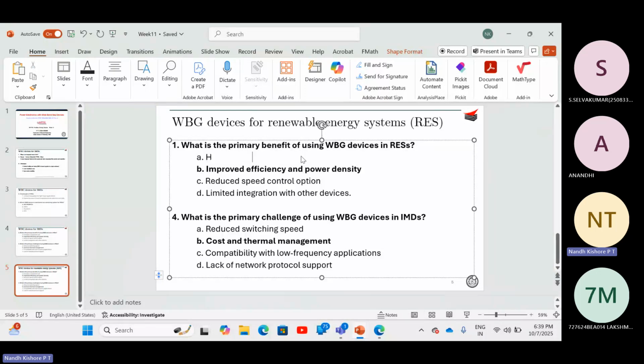So the options are higher energy storage capacity, high voltage blocking.